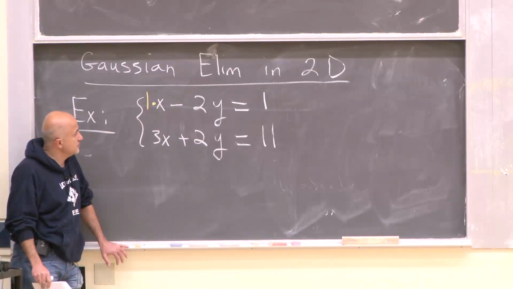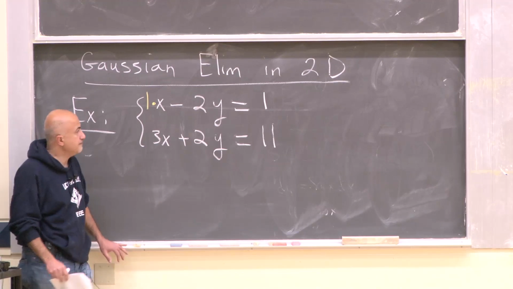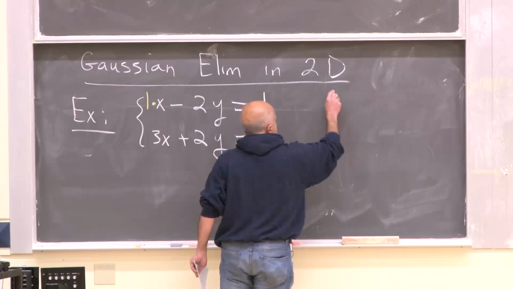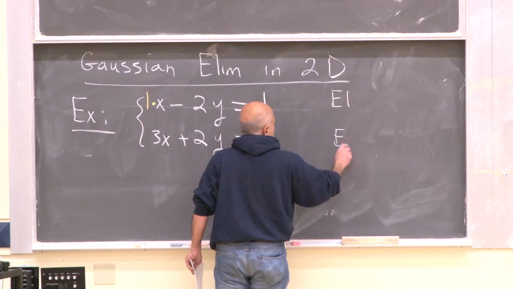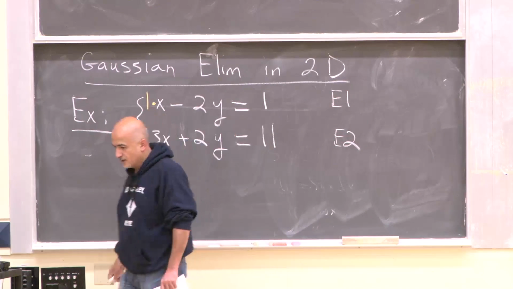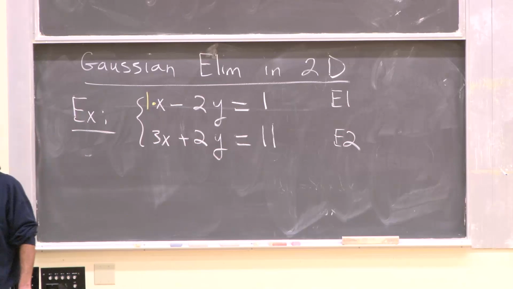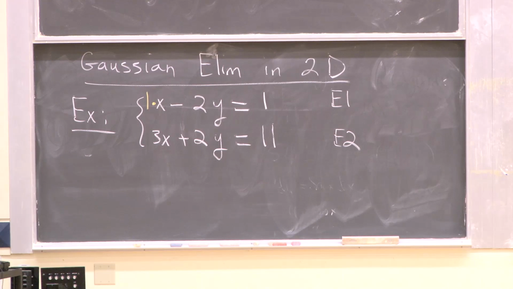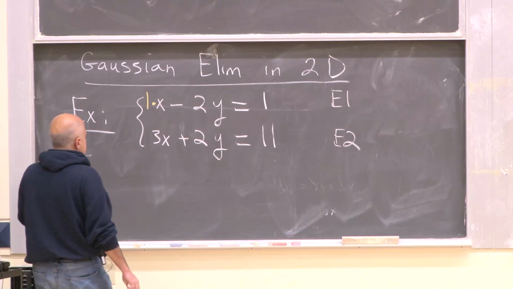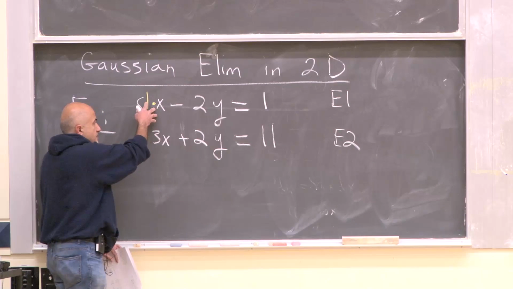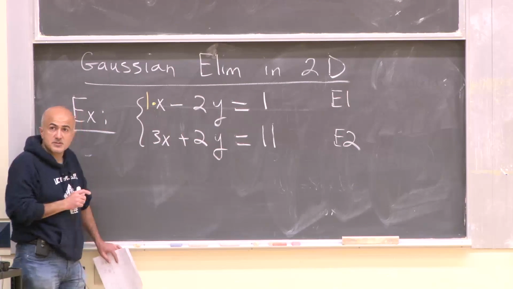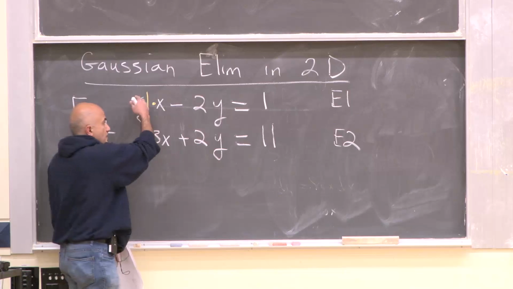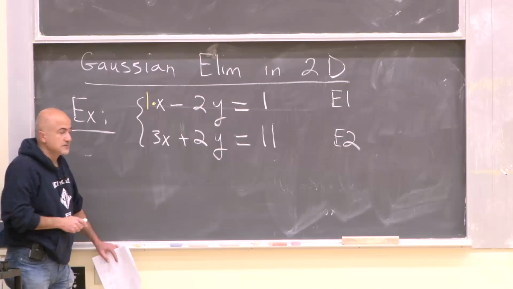So this is my set of 2 equations and 2 unknowns. I'm going to label this equation 1 and equation 2. Gaussian elimination involves a set of operations that turns this system of equations ultimately into what we call an upper triangular system.